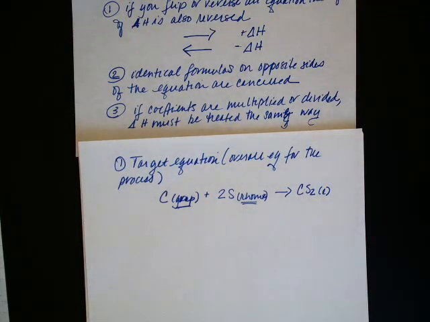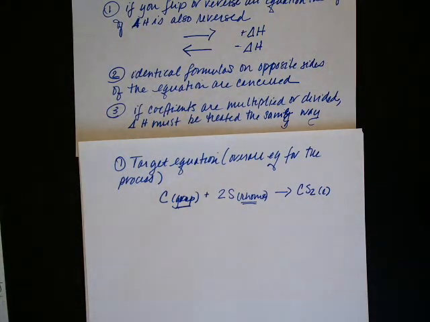So this is both the regular thermochemical equation for the process, but it's also the formation equation because we're forming only 1 mole of this product, and it is being formed from its elements in their most stable physical state. And remember, I told you you have to be able to recognize a formation equation.